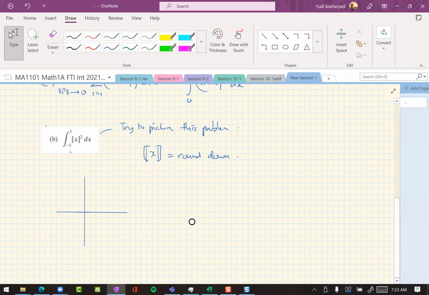So what we have is, say, 1, 2, 3, 1, 2, 3. Everything which rounds down to 0 is this one. I don't care much about the boundaries, the borders.